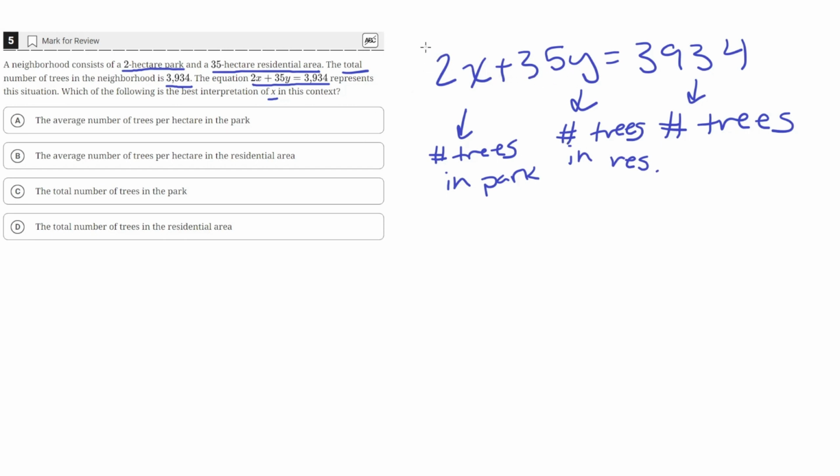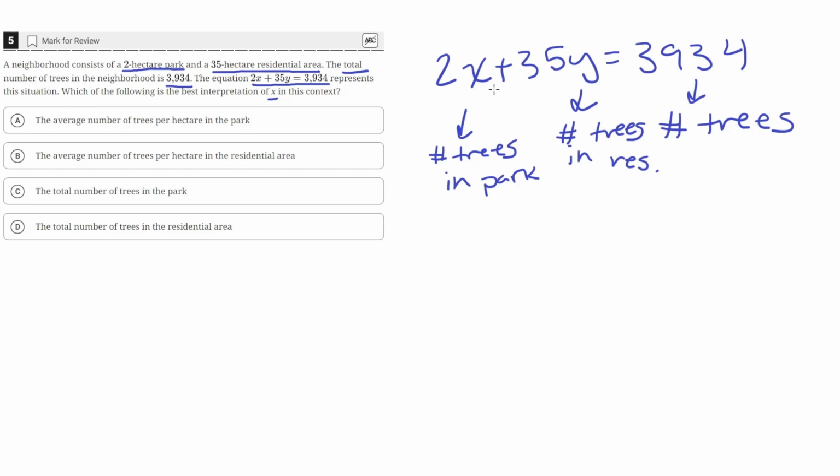So the coefficient here shows the size of the area, the 2-hectare park and the 35-hectare residential area. And in order to get the trees from that, we need to know the number of trees, or average number of trees per hectare. And when we multiply that with the size of the area, we get the total number of trees there.